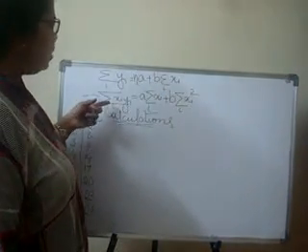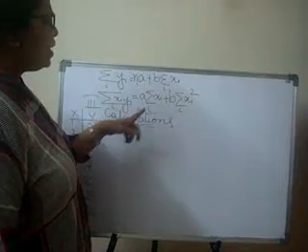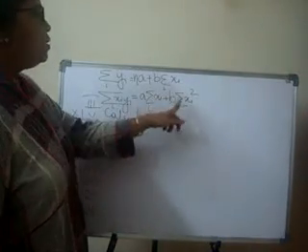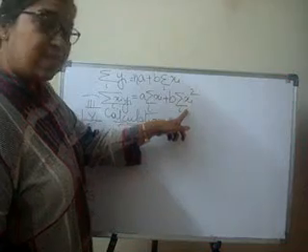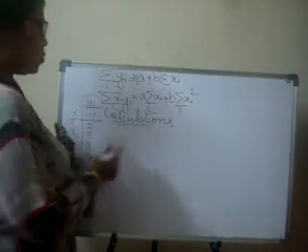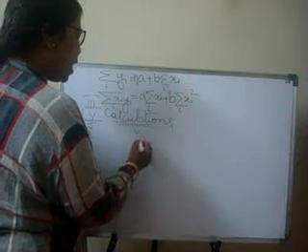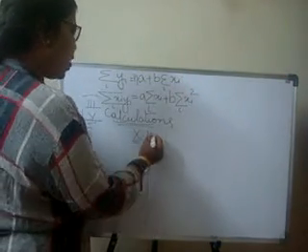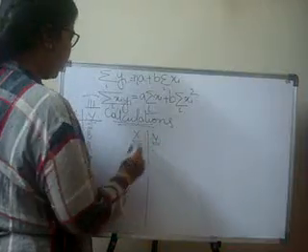How about the second equation? In the second equation, we require summation xi, which is there, and here we want summation xi square. Now we have to find summation x square. You add up x, you will get the value; you add up y, you get summation y.